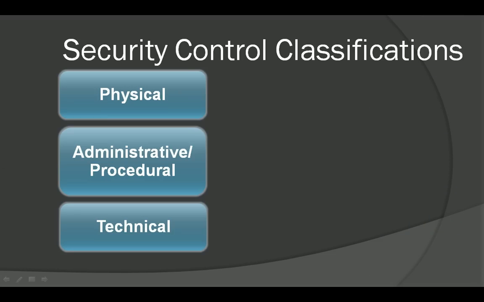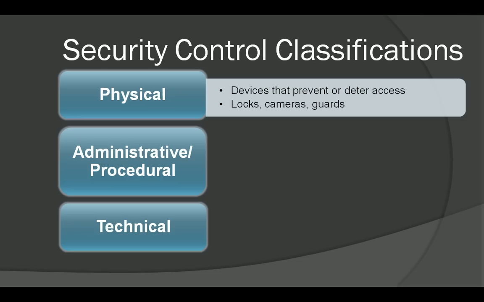So continuing with these controls that I was talking about, there are three classifications of security controls. You have physical controls, administrative or procedural controls, and technical controls. So again, we've got our policy, and our policy is enforced through these controls. So a physical control would be some kind of physical device that prevents or deters access.